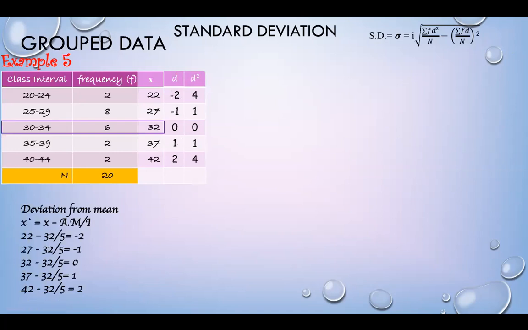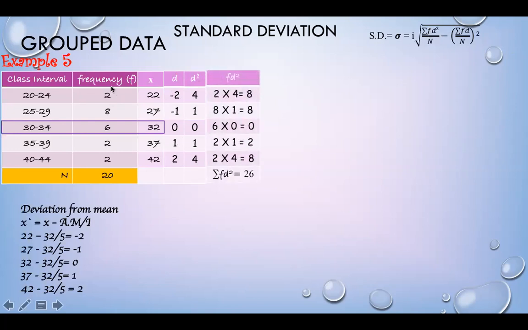Then for this formula, we have to find the multiplication of f into deviation square. Here it is 2 multiplied by 4, 8 multiplied by 1, 6 multiplied by 0, 2 multiplied by 1, and 2 multiplied by 4. And then we add up this column, which comes out to be 26.